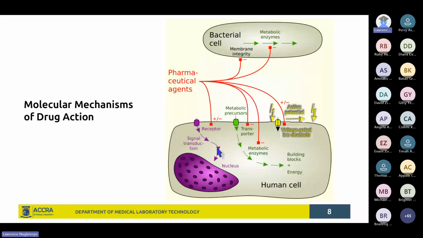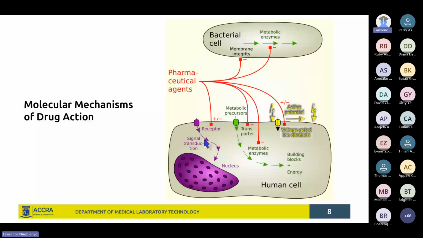So it is either you have the pharmaceutical agent stimulating that receptor or blocking the receptor. That's why we have plus or minus. So you can have that happening to the cell.